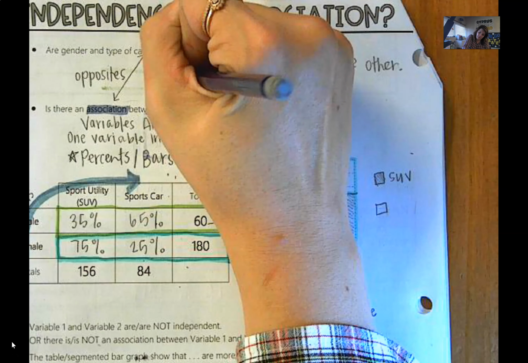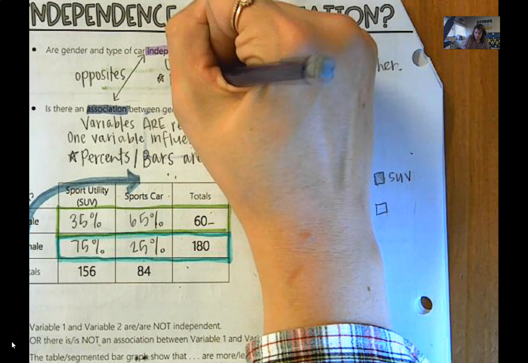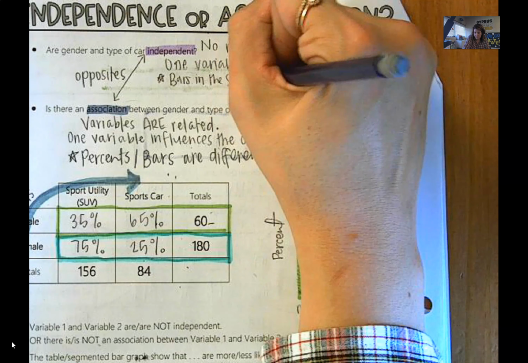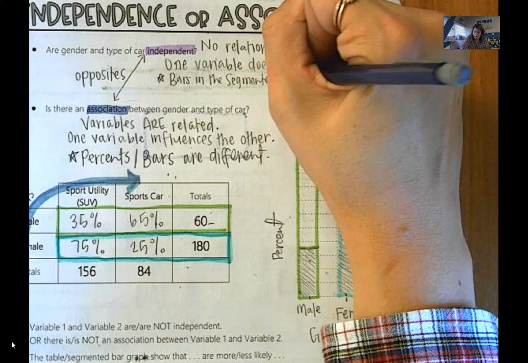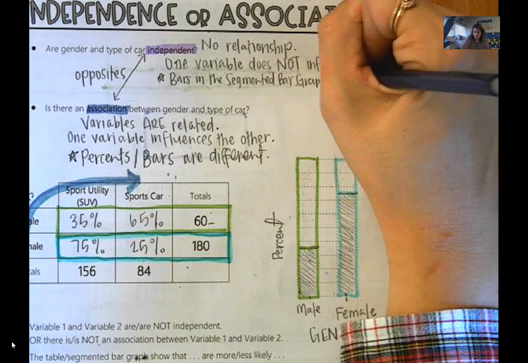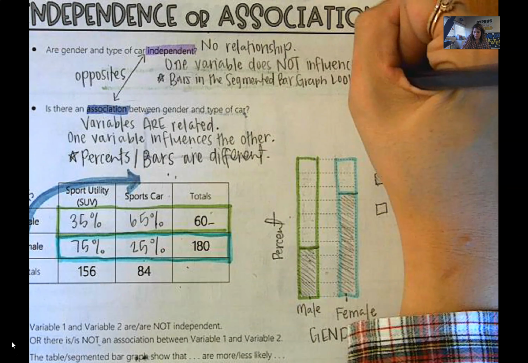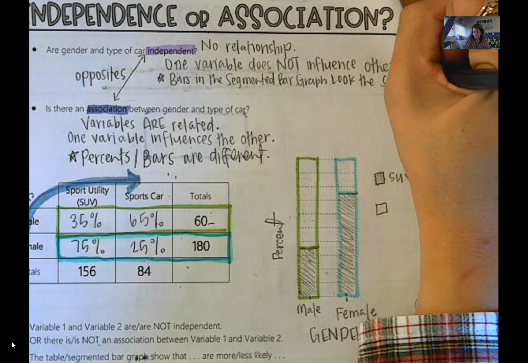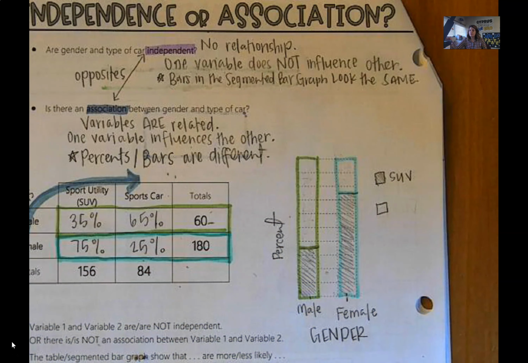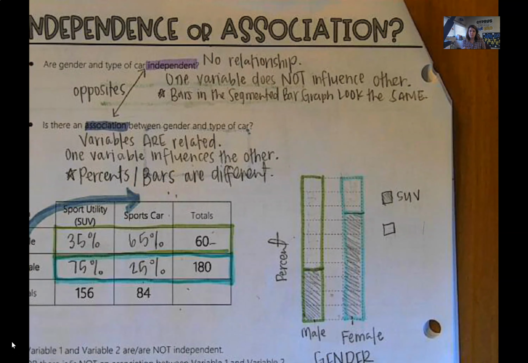The bars in the segmented bar graph look the same. So if they're independent, that means that the bars in the segmented bar graph look the same.